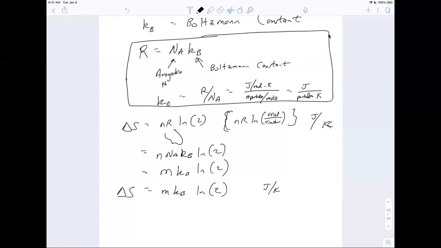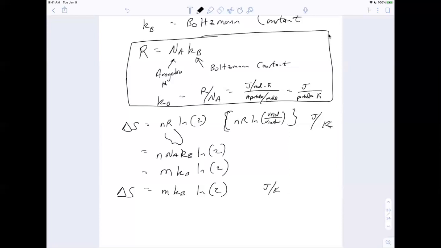It actually naturally falls out of a statistical mechanical analysis, but that's something that would be covered in a graduate course. I'm not going to cover the derivation of that here. The point is that both microscopic and macroscopic views have the same units for entropy. One uses R and one uses k_B.